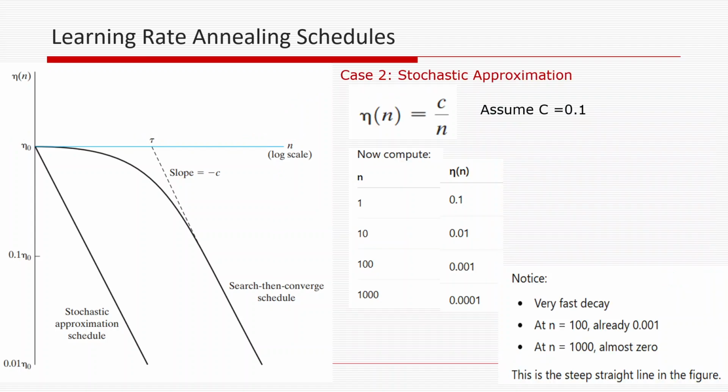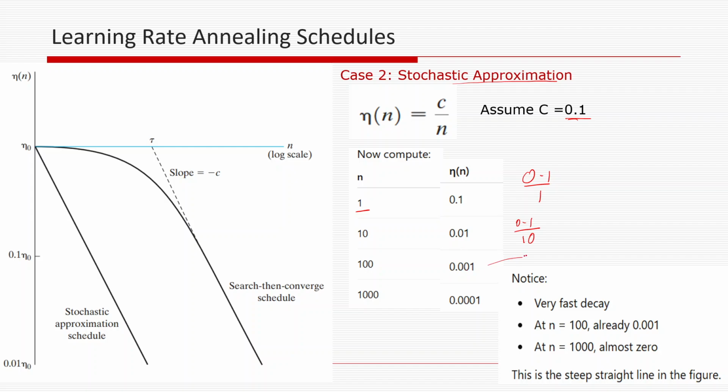Now we will look at the second case, stochastic approximation. For the stochastic approximation, η(n) = C/n. C is some user defined constant. We'll consider it as 0.1. When n is equal to 1, it is 0.1 divided by 1, so we get the same. But when n equal to 10, it is 0.1 divided by 10, therefore it becomes 0.01.